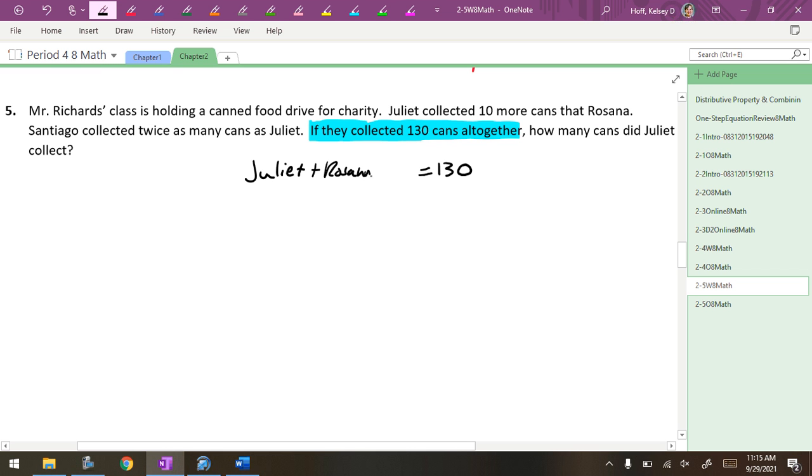Careful. And don't forget Santiago. There's a third person in this one. All of them added together equal 130. Because all three of these names are here, all three of those names need to go on the left-hand side, because we need to figure out how we're going to represent Juliet, how we're going to represent Rosanna, and how we're going to represent Santiago.